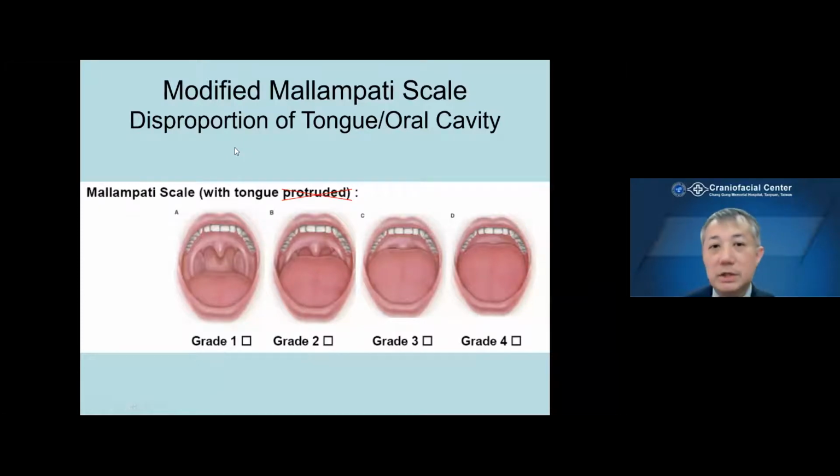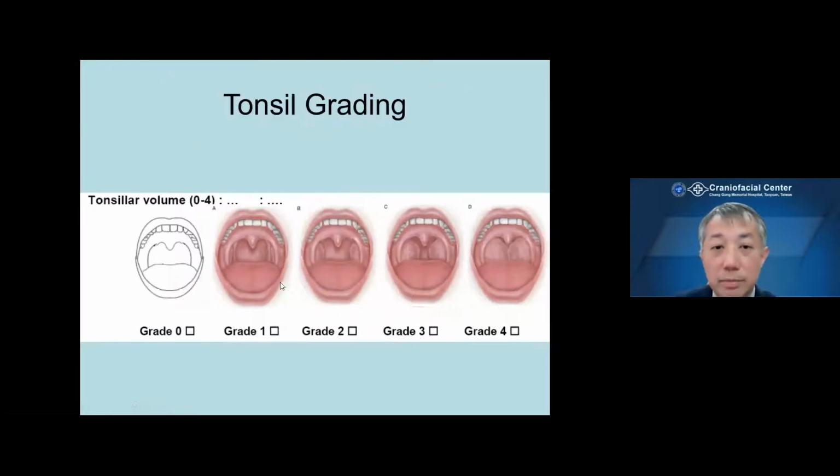When the patient has narrowing of the oral cavity and the proportion of soft tissue is higher, then we can have a higher Mallampati scale. When you see grade 3 or 4 Mallampati, that means the patient has a skeletal problem or some disproportion. Tonsil grading 3 or 4 can show us the enlargement of soft tissue.